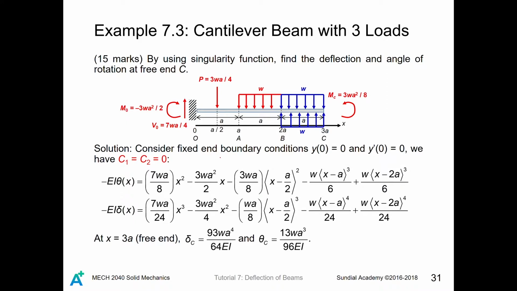And by the boundary conditions at the fixed end, y0 equals to 0 and y prime 0 equals to 0, we will have C1 equals to C2 equals to 0. Then we will get the equations of deflection and angle of rotation. Finally, we verify the results by substituting x equals to 3a at the free end into those equations. Then we will have delta c and theta c verified finally.